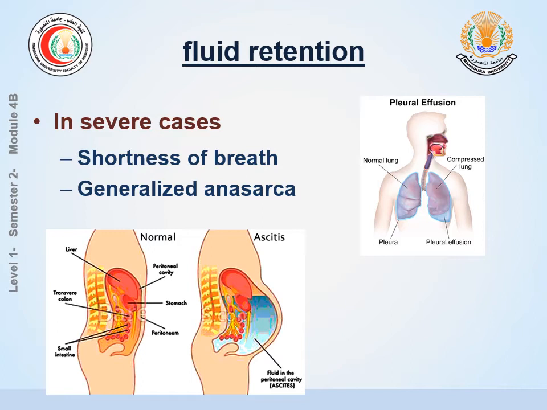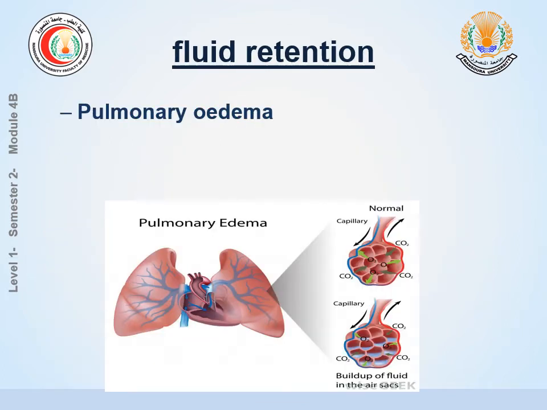in severe cases, there will be shortness of breath due to accumulation of fluid in the pleura and generalized anasarca, which means accumulation of the fluid in different serous sacs like the pericardium, the pleura, the peritoneum, resulting in ascites. Sometimes the fluid is retained in the alveoli, resulting in what is known as pulmonary edema.